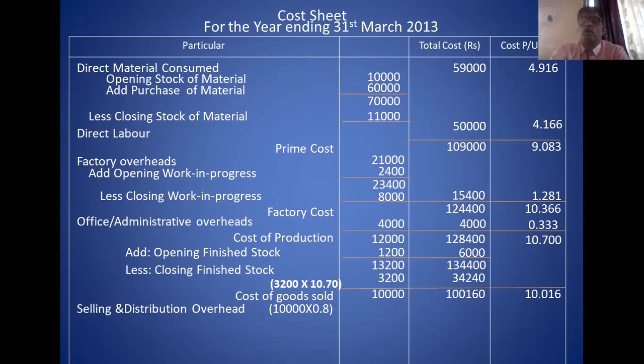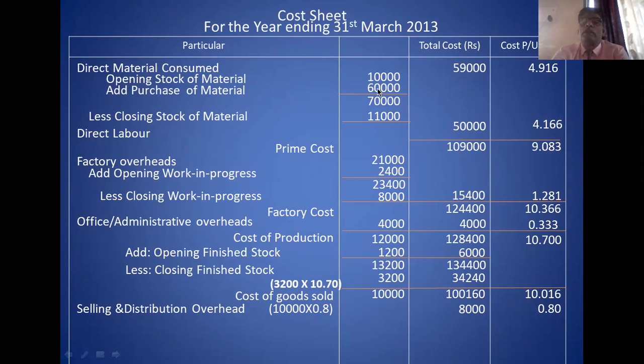Units sold is 10,000. You multiply by 10,000, you will get total amount 8,000. 8,000 is the selling and distribution expense. And per unit is 0.80. That means 8,000 divided by 10,000.